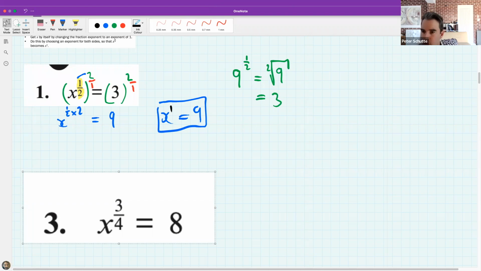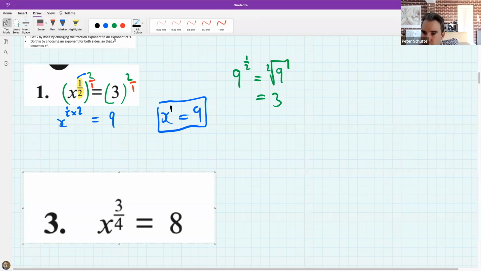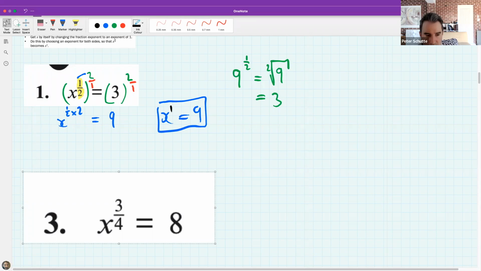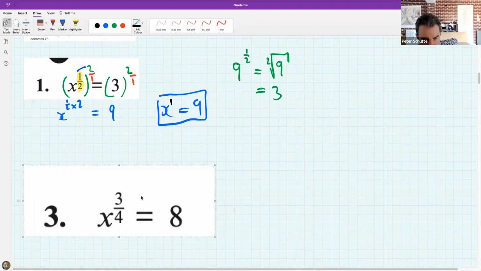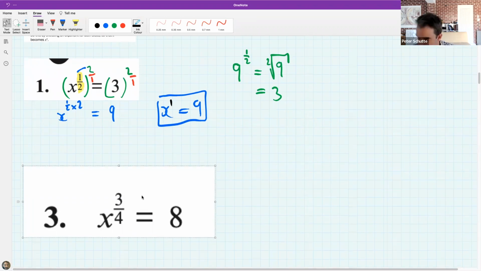Yeah. Umta, let's go to you. Hey, sir. On the side with the 8, right? Yeah. Since I made it 8 to the power of 4 over 3, do I use a calculator to solve for 8 to the power of 4 over 3?